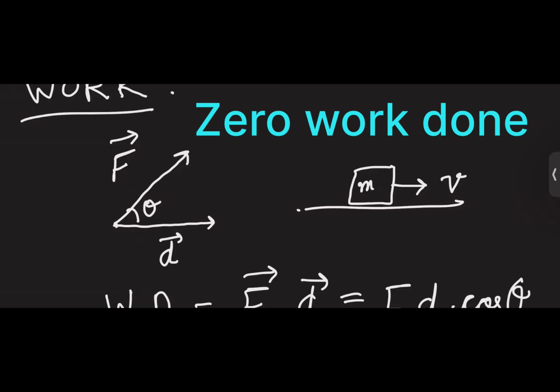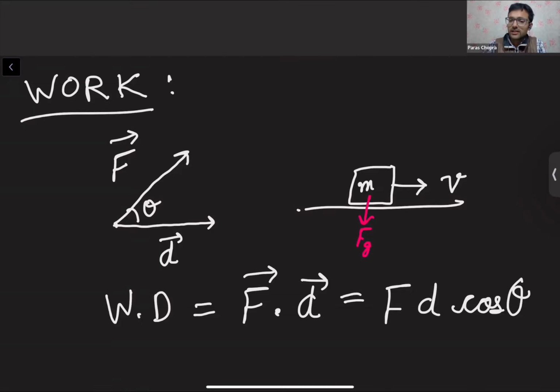The gravitational force is acting in the downward direction, and since the displacement is happening horizontally, the angle between the force and the displacement is 90 degrees. So cos theta will be 0 if theta is 90 degrees. The work done by the normal force will also be 0.